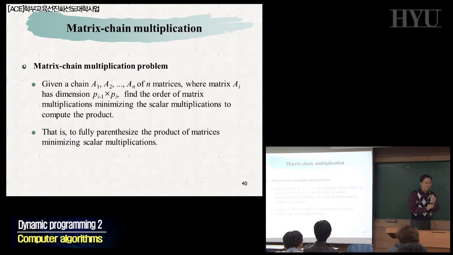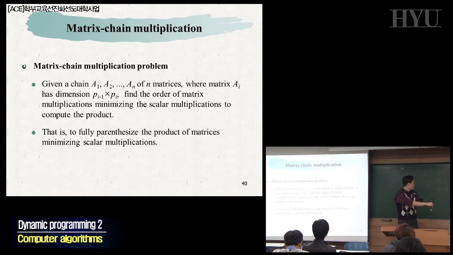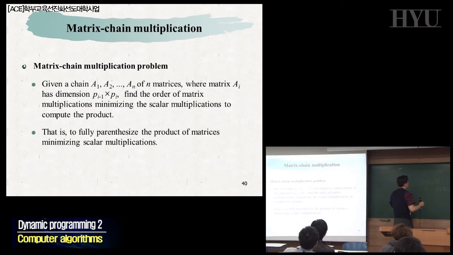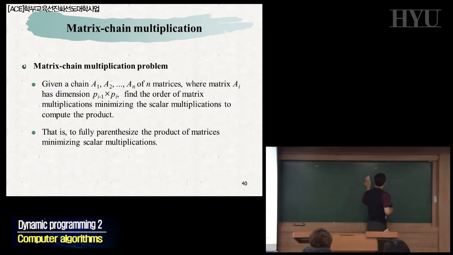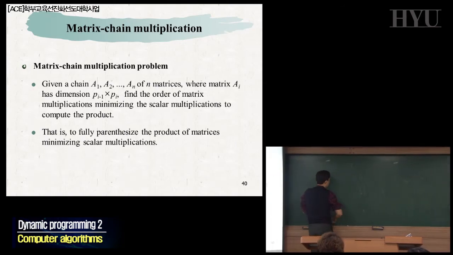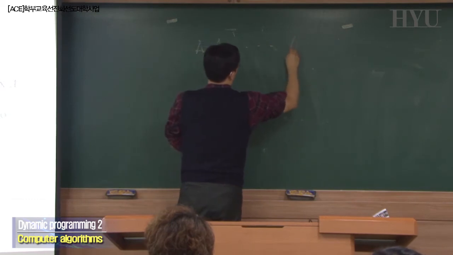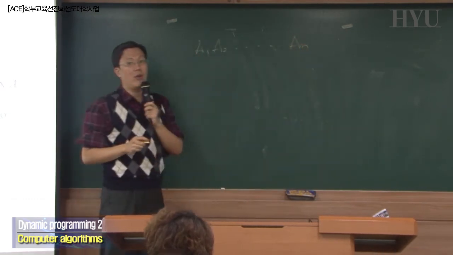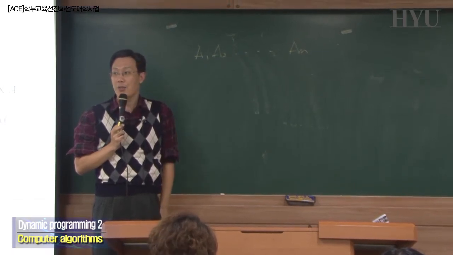Okay, now let me define the matrix chain multiplication problem formally. We are going to multiply n matrices from A1 through An.